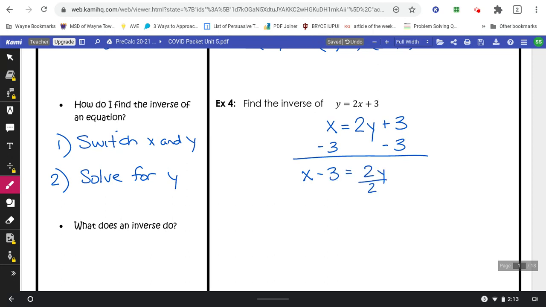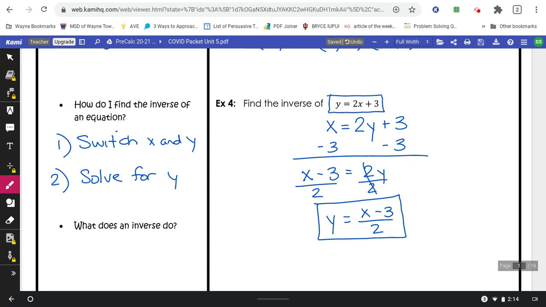Divide by 2. And I'm going to go ahead and just divide the whole side by 2. That's going to leave me y equals, and I, for some reason, like to put that y equals first. It just looks a little neater to me. And that's it. That's the inverse. So y equals 2x plus 3, this right here, and this right here are inverses.